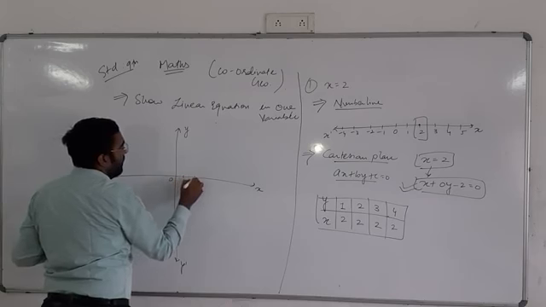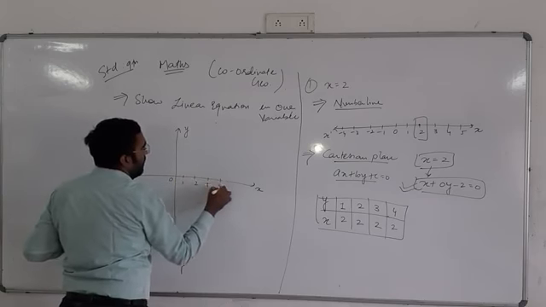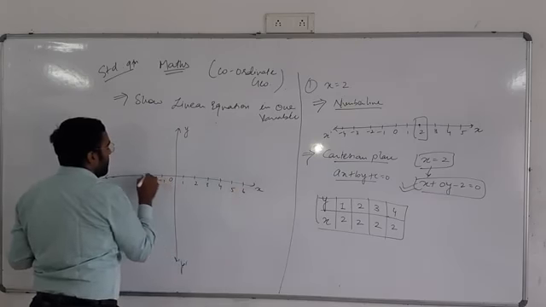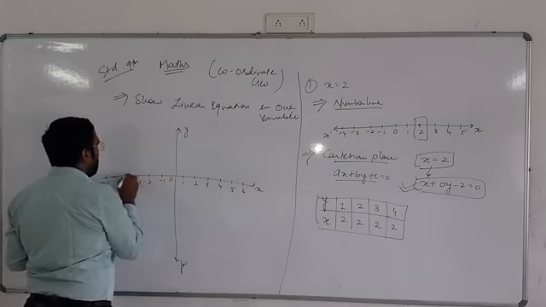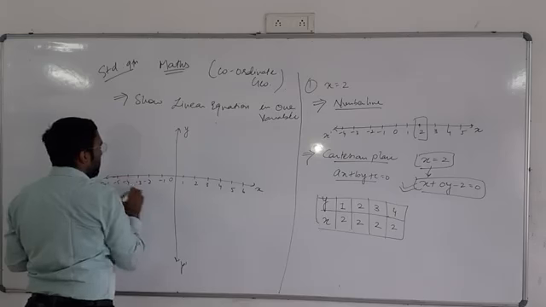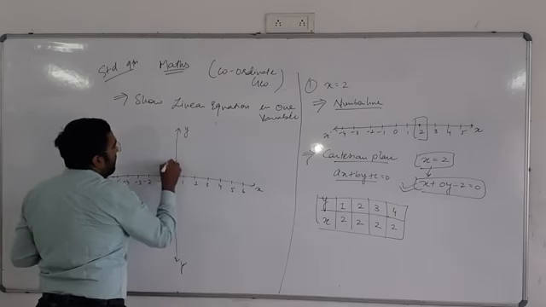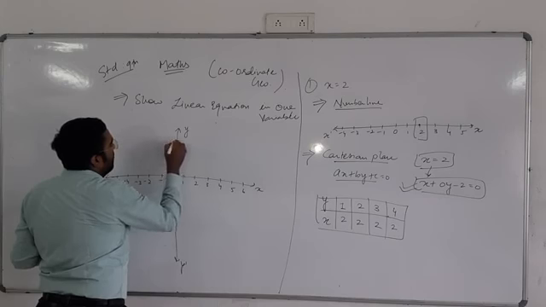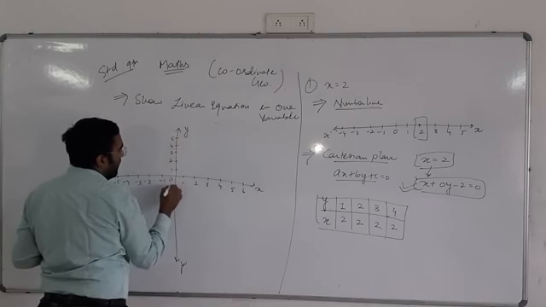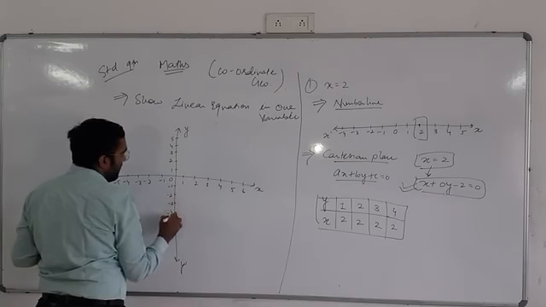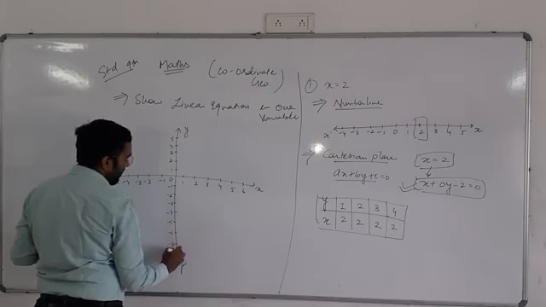So 1, 2, 3, 4, 5, 6, minus 1, minus 2, minus 3, minus 4, minus 5. 1, 2, 3, 4, 5, minus 1, minus 2, minus 3, minus 4, minus 5, minus 6, minus 7, minus 8.